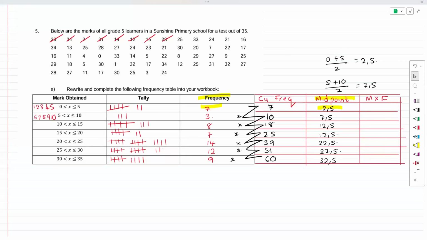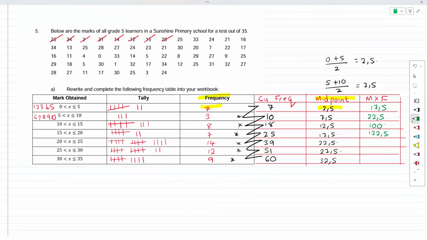Let's do it step by step. 2.5 times 7 is 17.5. 7.5 times 3 is 22.5. 12.5 times 8 is 100. 7 times 17.5 is 122.5.